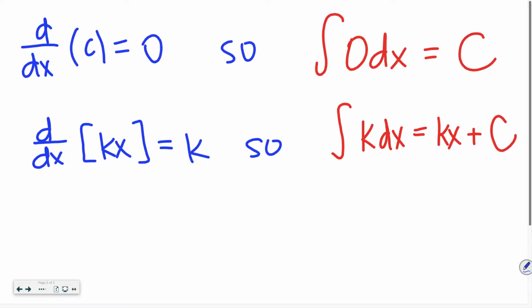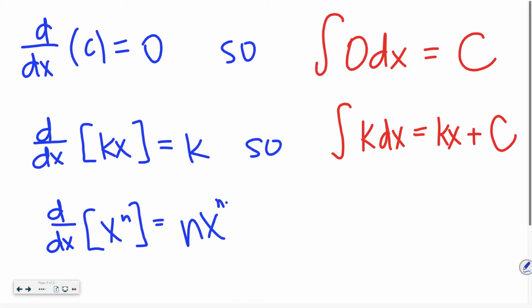Okay? And then pod 8 back there came up with this for us. We know that the power rule for a derivative is this right here. We take the power, multiply it out in front, and decrease it by 1.